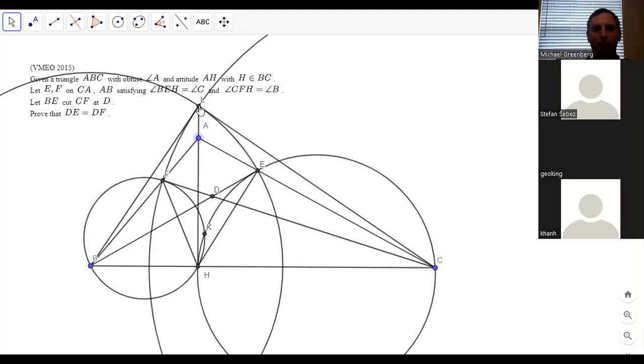And if you drop the altitude from L to BC and call it H prime, then we'd have BH prime times BC is BL squared, which is BE squared. So yeah, it's obvious. So then we're done.